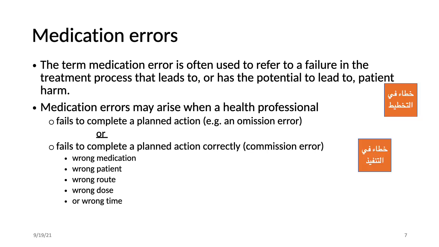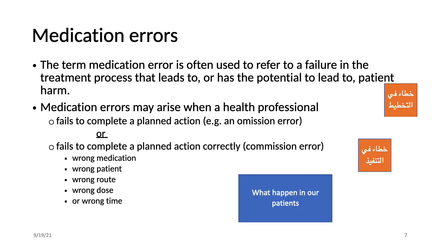Omission error is a failure in planning. Commission error is a failure in action. For our patients, what happened was a commission error. The patient received the wrong dose.